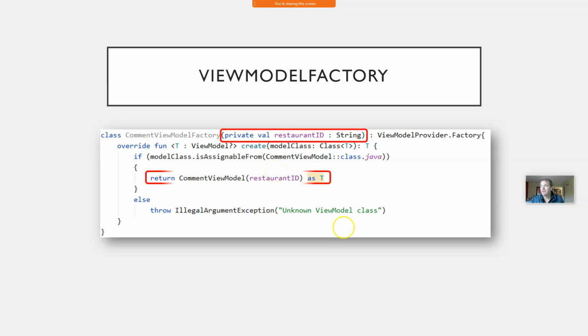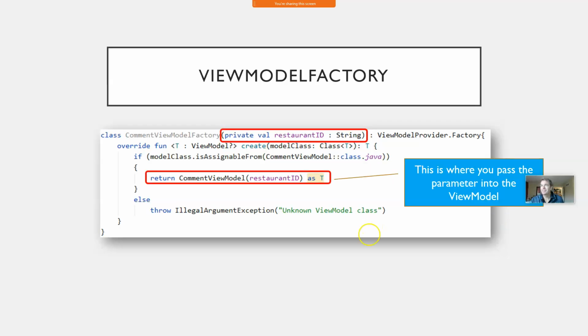So if you look at the items in red, this is really all you have to modify each time. In our case, we just want to pass in the restaurant ID. That's all I need to access the restaurant in Firestore. So my view model factory accepts a restaurant ID as an argument.